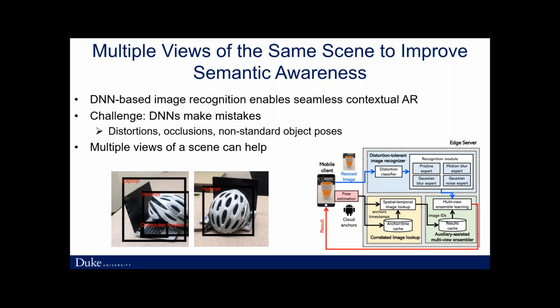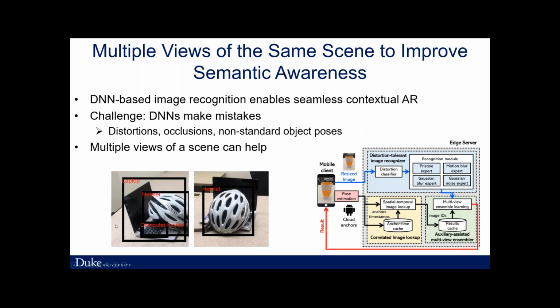To give you a sense why, we show this case of us capturing a specific object configuration in our lab. This is where we've placed a helmet on a laptop on a table, and we walked around it to capture different views of this arrangement. And then we sent those images to the very same DNN that identified objects in them.